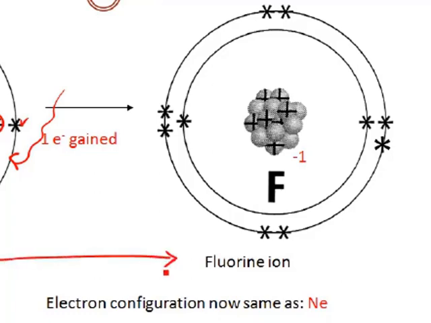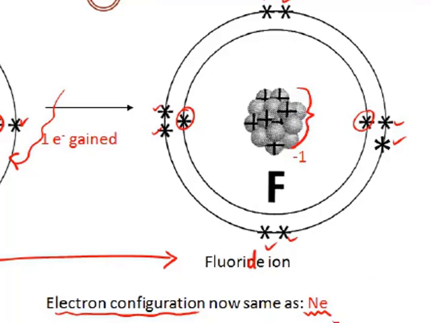changes the fluorine atom to the fluoride ion. We no longer call it fluorine, we call it fluoride, and the fluoride ion has 8 valence electrons, or we could say 10 electrons altogether, since it still has the 2 core, of course, and so it has a neon electron configuration. Notice it isn't neon because its nucleus is still that of fluorine.